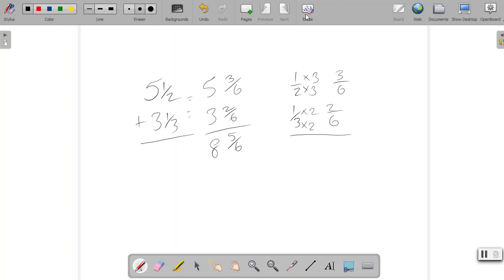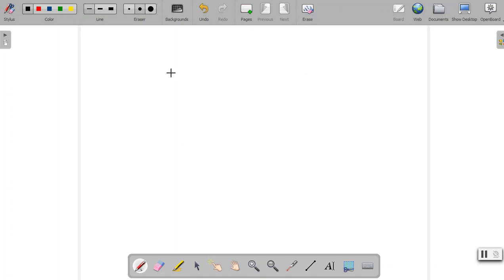Okay. So now carrying. Suppose I had 3 and 3/4 plus 6 and 2/4. Well, 3/4 plus 2/4 is 5/4, and that's a problem. You do not want to leave that as an improper fraction.